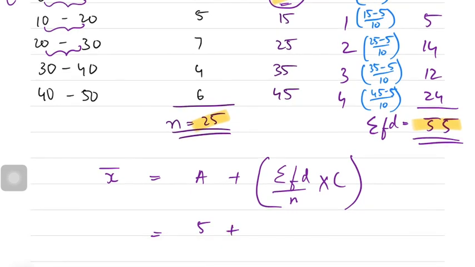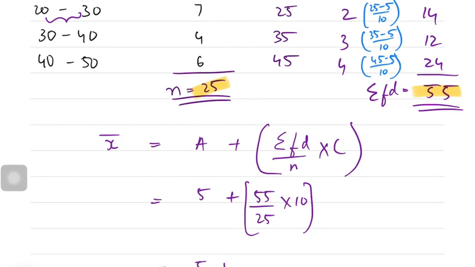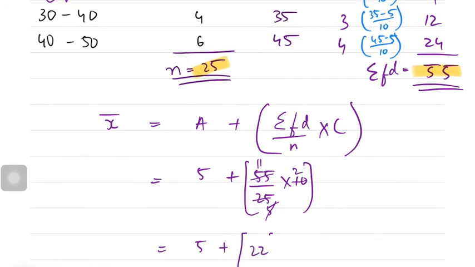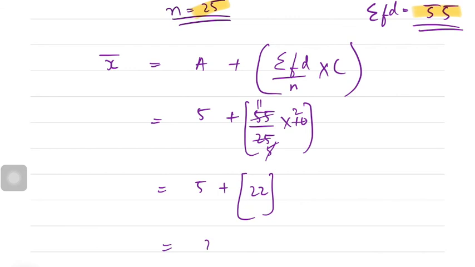So 5 plus 55 divided by 25 multiplied by 10. 55 divided by 25 is 11 upon 5, times 10 is 22. So 5 plus 22 is 27. So x bar is equal to 27. The arithmetic mean is 27.